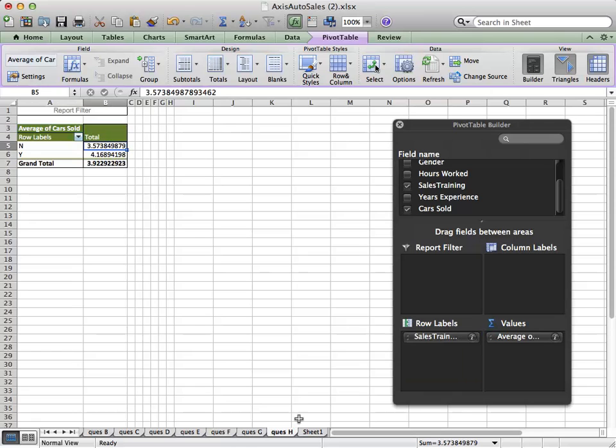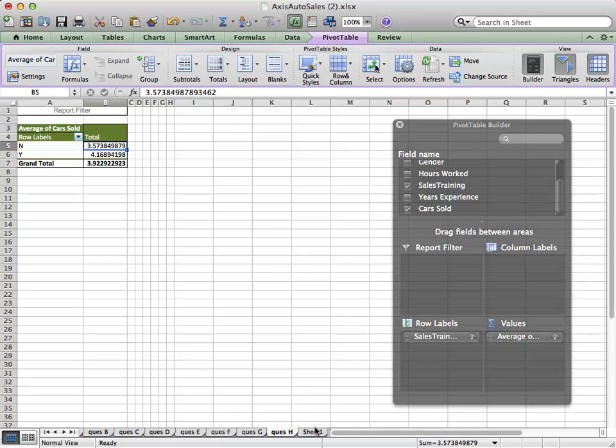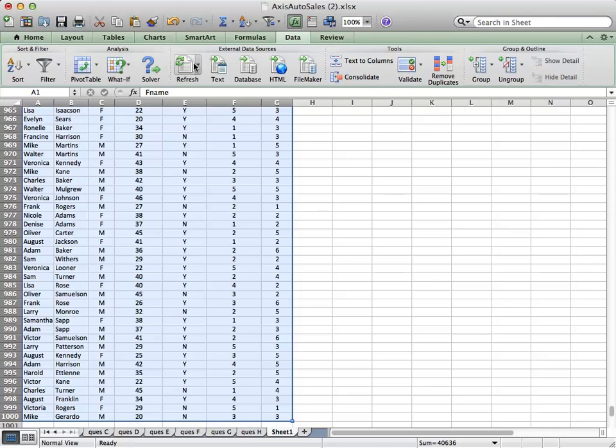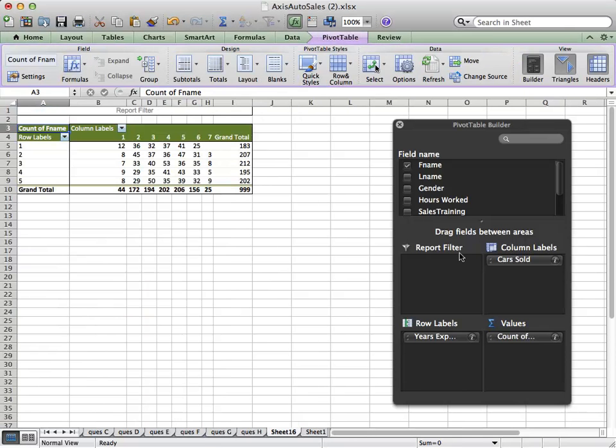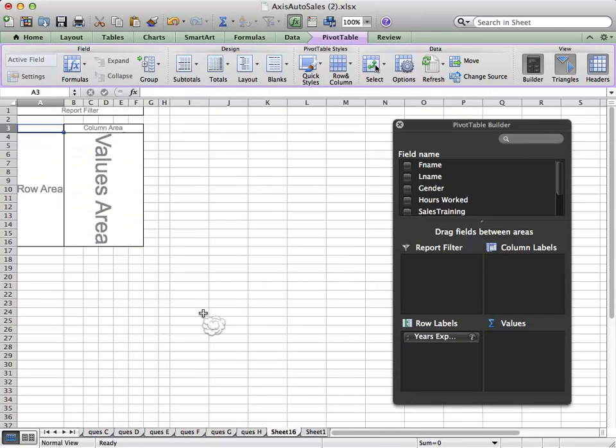And the final question was I. What do you think is the best indicator of whether or not someone is a good salesperson? Now, if the measure of a good salesperson is the average cars sold per month, let's take another pivot table and let's look at all the things that we have. So we have cars sold per month.